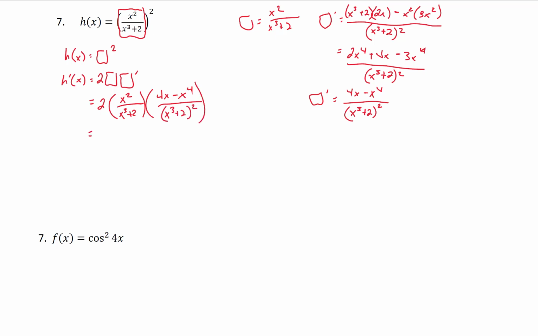Let's simplify this. Factor out an x from the 4x minus x to the fourth, bring that in with the other x squared and combine our denominators. So we end up with 2x to the third times 4 minus x cubed all over x cubed plus 2 to the third power. And that is h prime of x in this case.